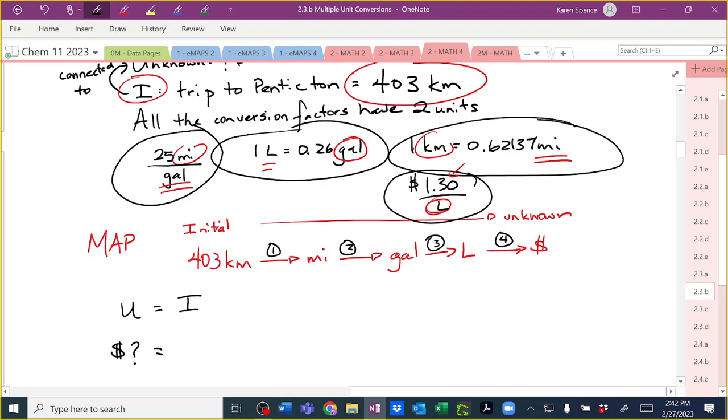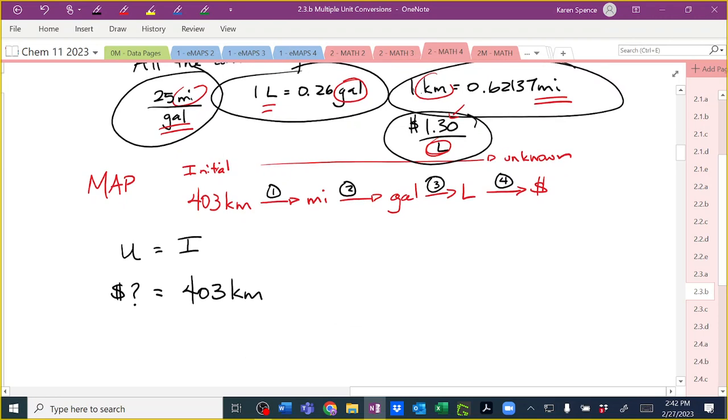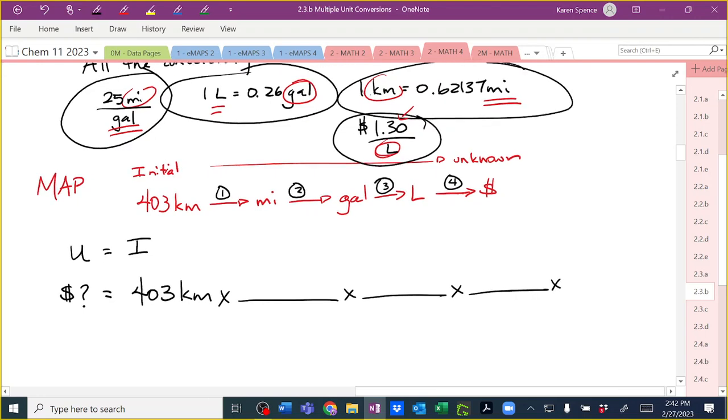My initial quantity, which is the 403 kilometers. And I'm just going to get myself ready to go with 4 conversion factors. 1, 2, 3, 4.